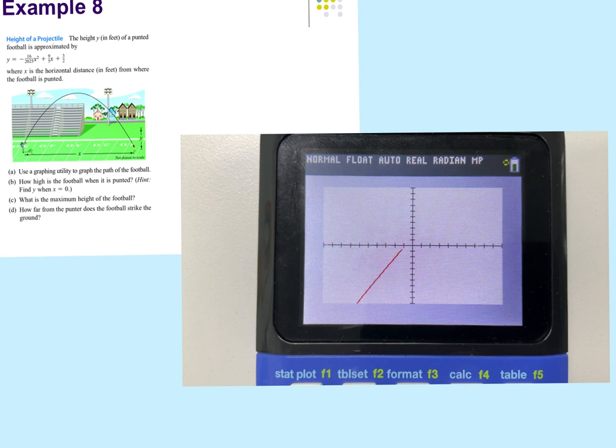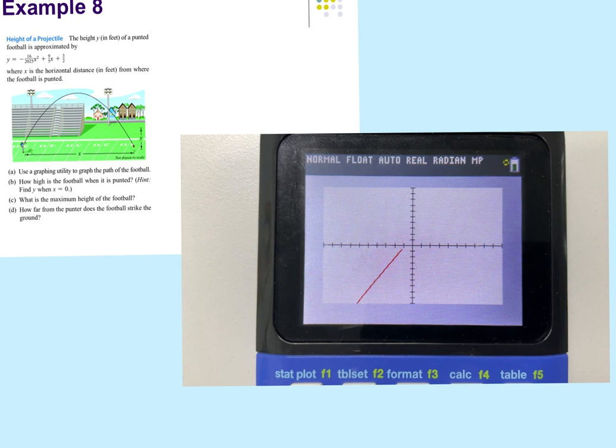X squared plus, I could do the fraction again, math. Oh, hang on. It is supposed to be a parabola. If it's not a parabola, something's wrong. Well, think about what's happening. Hang on.